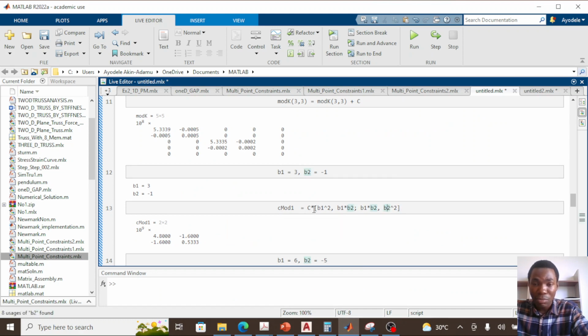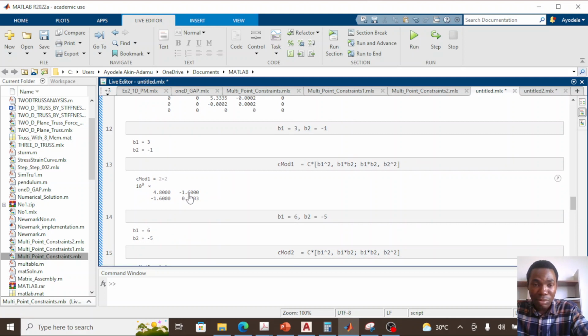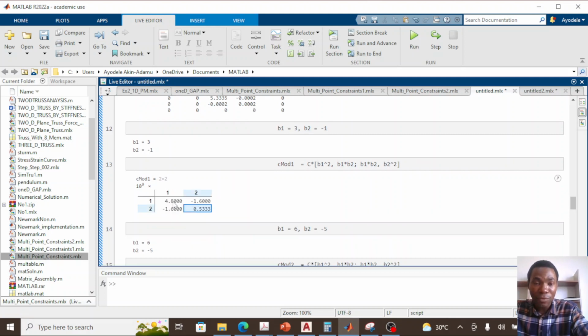So C multiplied by the matrix beta 1 square, beta 1 times beta 2; beta 1 beta 2, beta 2 square. So B1, B2 is substituted in all these positions, and this is formed. This is our first multipoint constraint matrix.